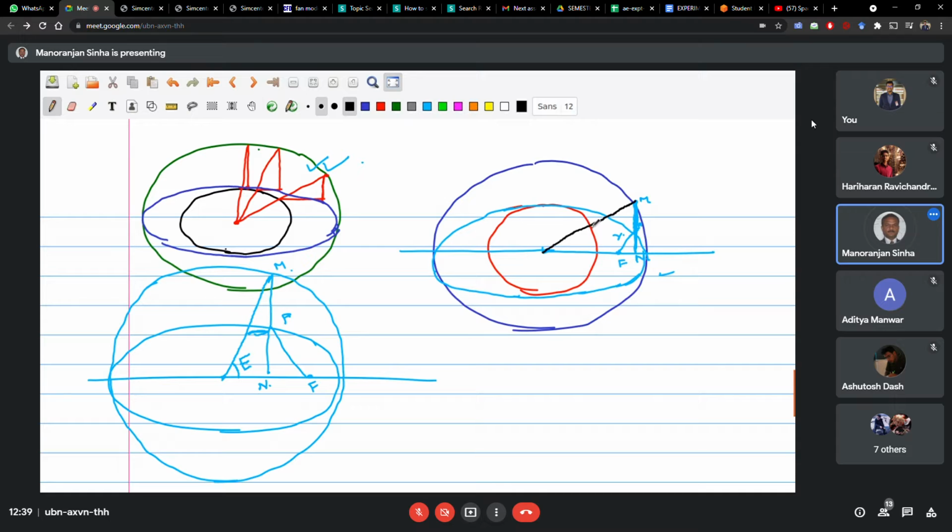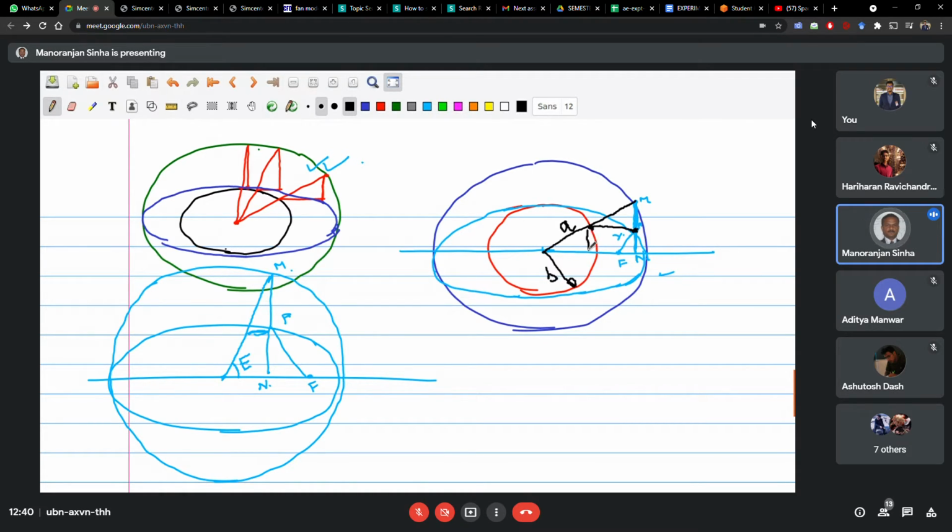And if we extend this, it goes and cuts here. You can directly see here. So this quantity is shown in black. This is your a, the semi-major axis, because this is the radius of the circle. Inner radius of the circle is b. This part is b.